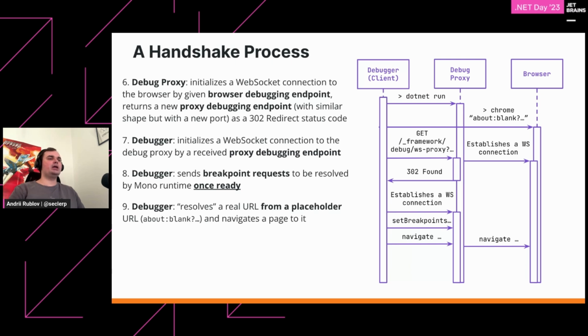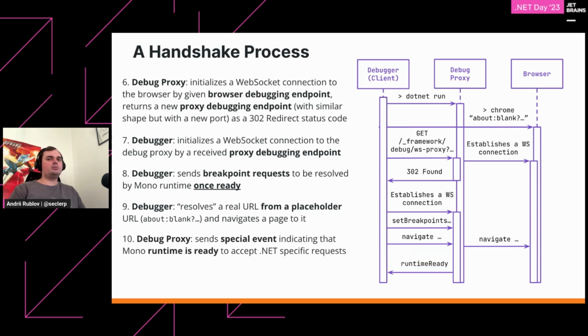As you can see, navigate is just proxified and not handled in Mono. The last step: the debug proxy finishes all activities related to activation of the runtime, loading assemblies, etc., and sends a signal to the client that it is ready to work. And at this point, finally, initialization can be considered complete.